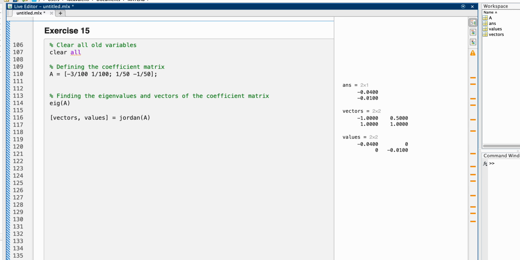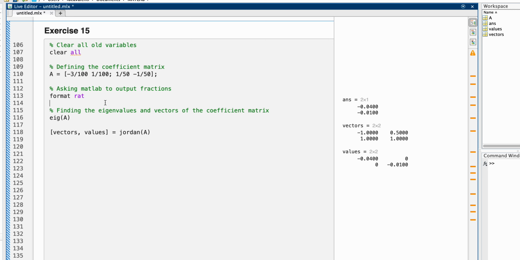Format rat should do it. So as we look here, we see that now we have those same values, but in terms of fractions, which is kind of nicer to see.